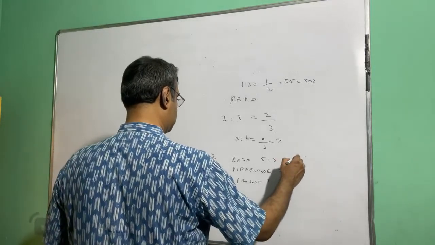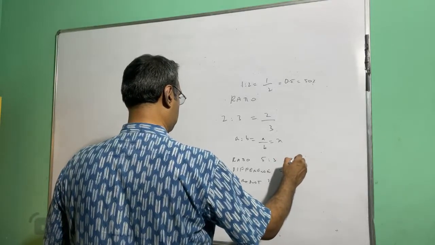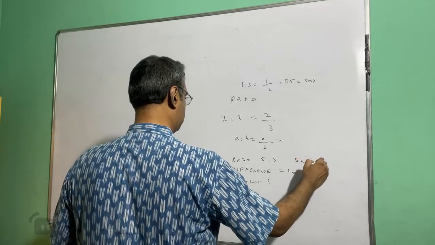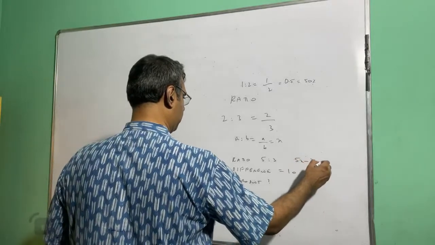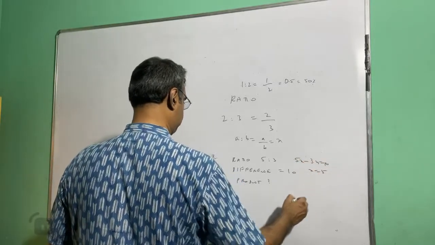So what you can do is take the two numbers as 5x and 3x. The difference is 10, so x will be 5.